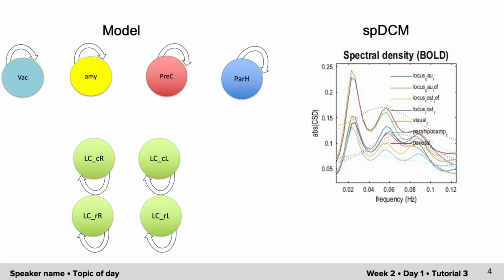The advantage of doing this is that the problem of estimating the hidden neural states disappears and is replaced by the problem of estimating the spectral density of the neural fluctuations. I have here a spectral density from the BOLD signal in different areas from the different nodes.